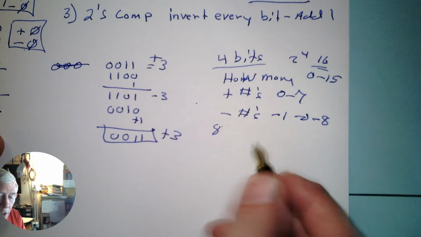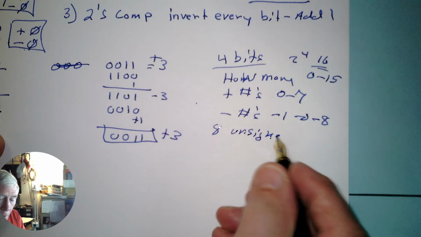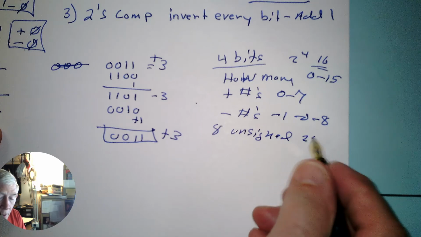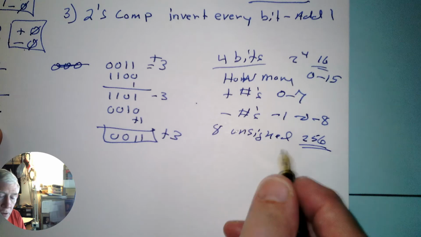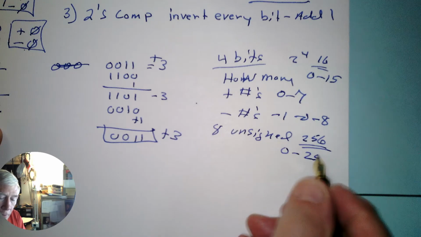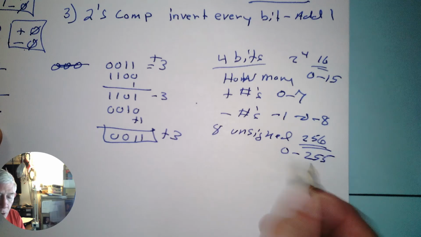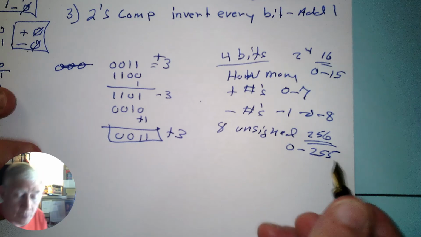What if we did 8 bits? Well, normally in unsigned, in 8 bits, we can have 256 different representations. 0 to 255. We can't actually have the 256. We can only go 0 to 255. But what about our positive and negative numbers?